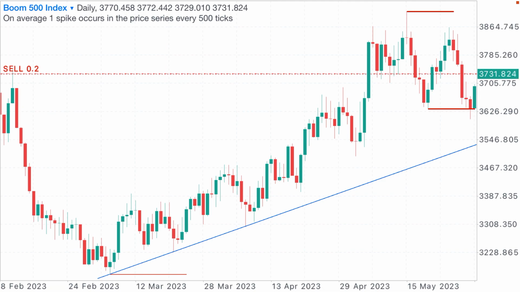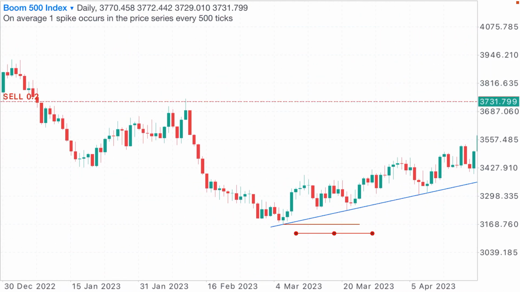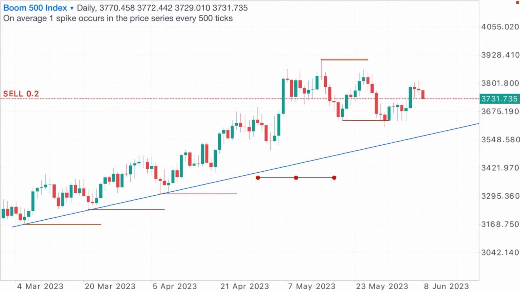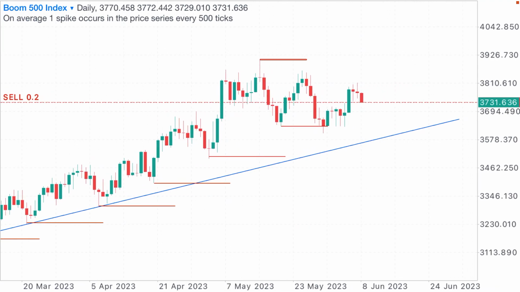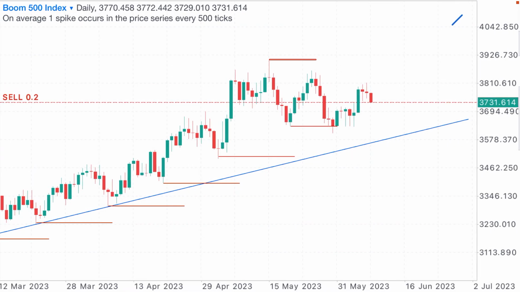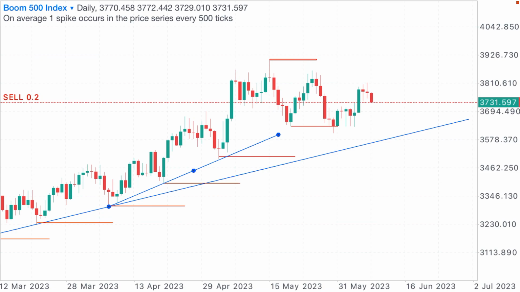So ever since then, price has not gotten to this trend line again. Ever since then, the market has been going upward, creating a new dynamic support upward.